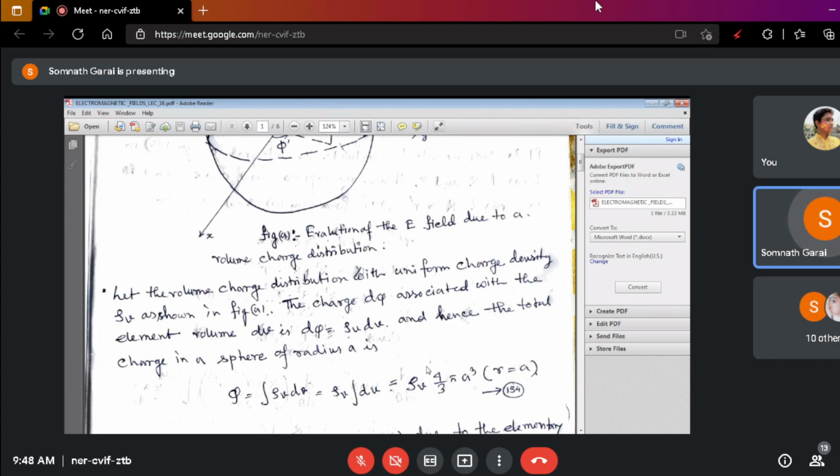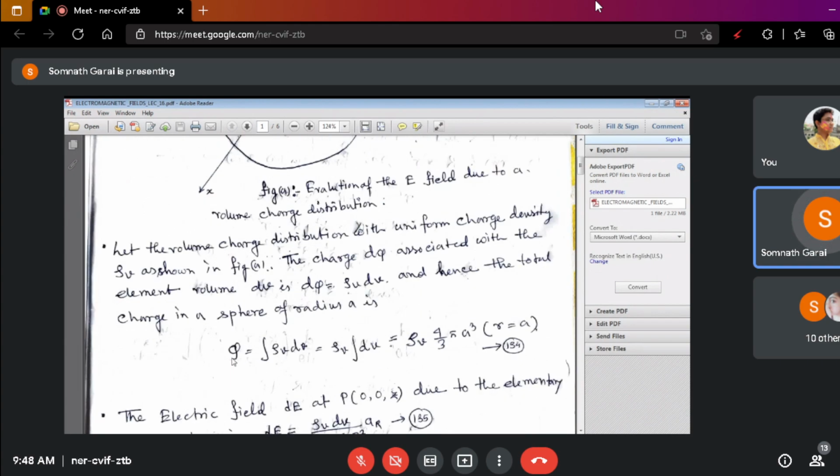the total charge of the sphere of radius a, how much? Now we know that q is equal to the integration over rho v dv. Rho v is the volume charge density, and dv is the differential volume.